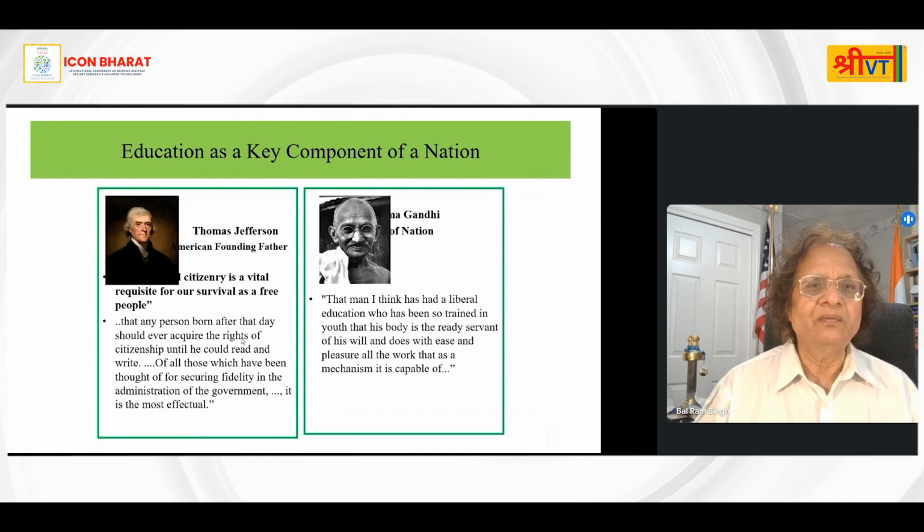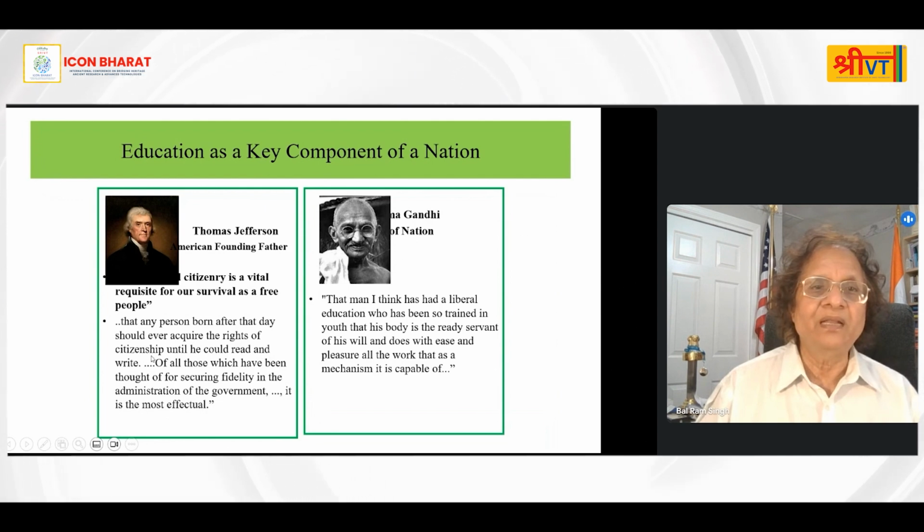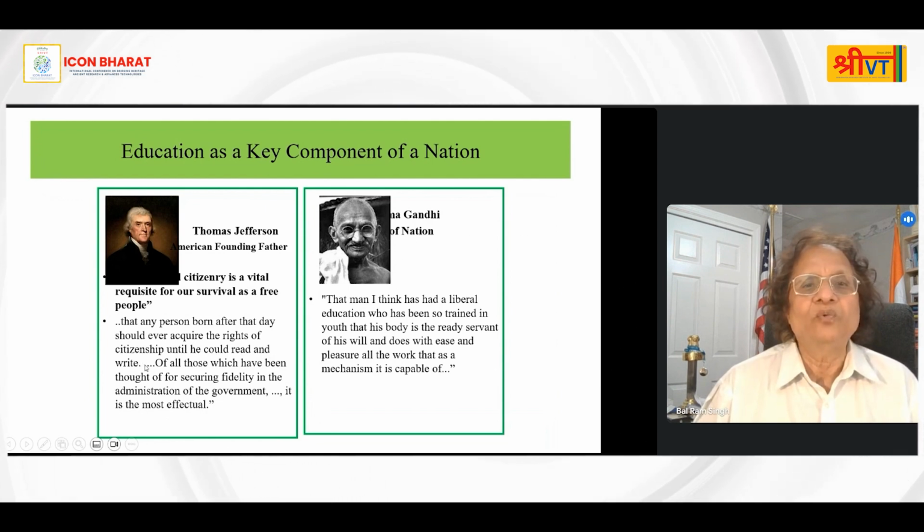Education for citizenry is a very vital requisite for our survival as a free people. They say that any person born after that day should not acquire the rights of citizenship until he could read and write. Why? Because they can read and write the rules. So that's very important from the Western point of view.